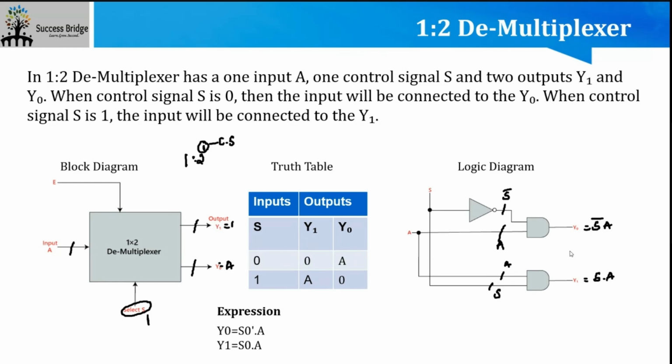So for a 1:2 demultiplexer, you can have 2 to the power of n outputs, where it will always depend on the n value. So if you have one input, we'll have two outputs.